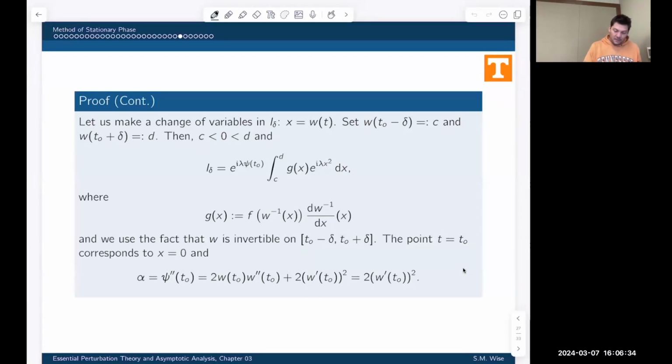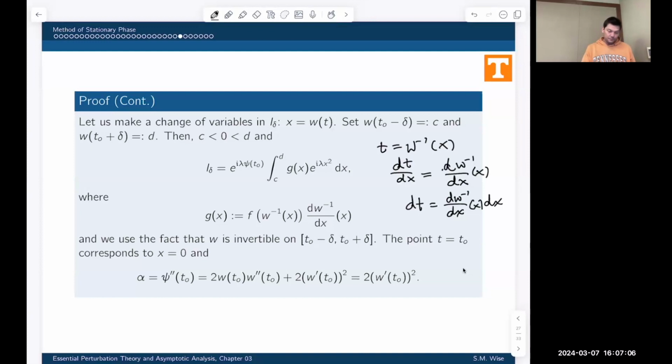So t should be equal to w inverse of x, and then you take dt dx equals the derivative of the inverse function. And then, of course, you just solve for dt and you get it immediately. So that should have been there.